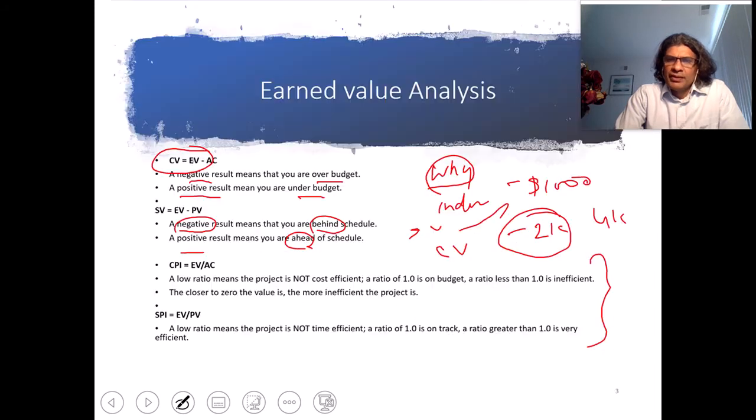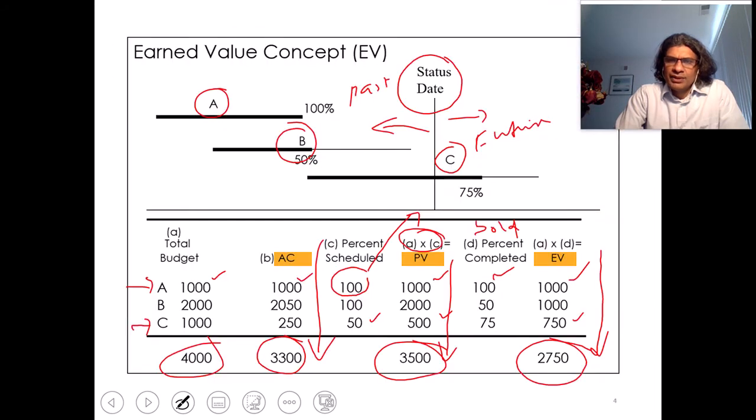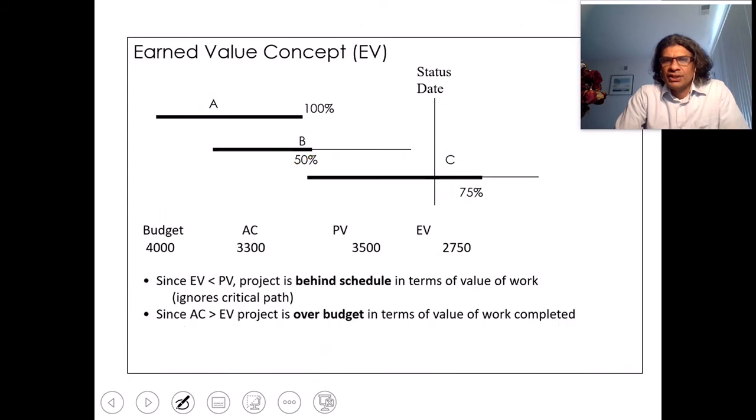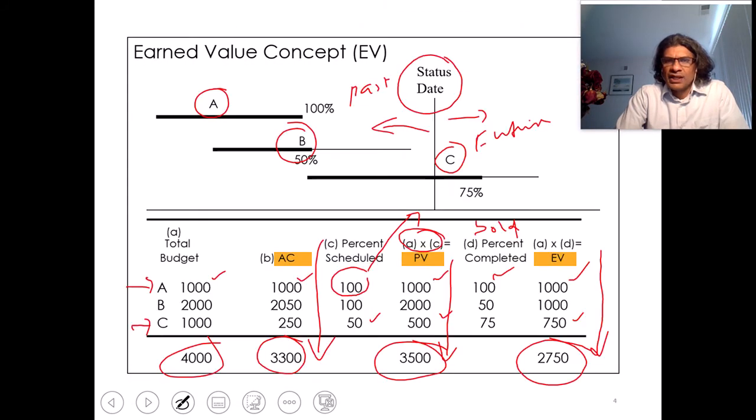We still apply the formulas which we mentioned in this exercise: what is cost variance, schedule variance, and performance indexes. But the first thing you have to understand from these two slides is how each and every task contributes to the overall project performance.